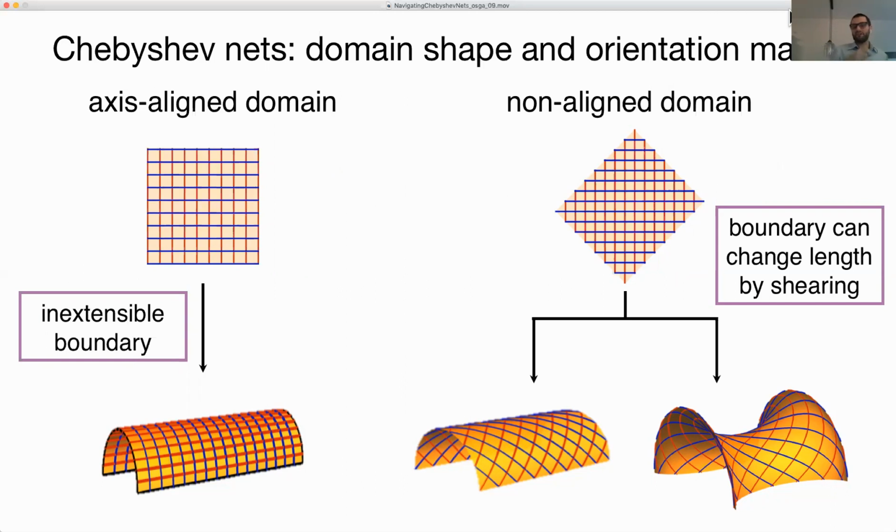However, if I make a cut that is not axis aligned in the boundary, then I can imagine the collapse or the shearing between those infinitesimal tangent vectors, which allows me to encode things like the hyperbolic surface we see on the right, as well as the cylinder that we may get from an axis aligned domain.